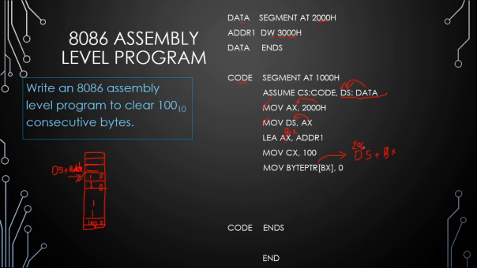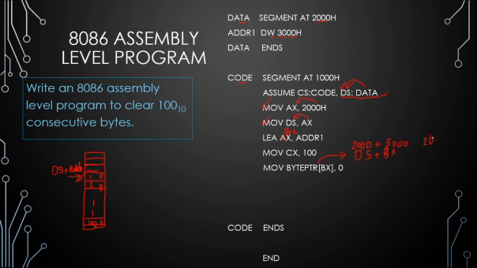So what will ultimately happen? 2000 was the address of the data segment. Okay, plus what is BX? BX has the content of address 1, and what is address 1? 3000. So 3000 will be added up. So how do we get it?